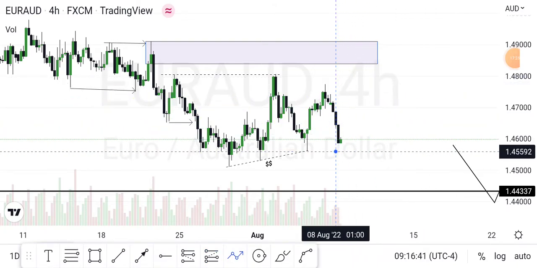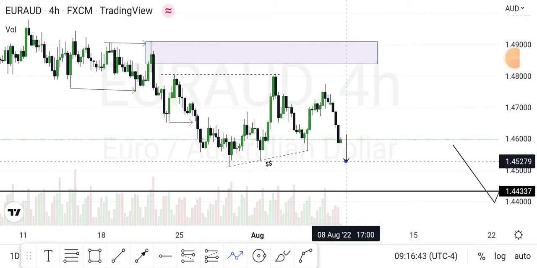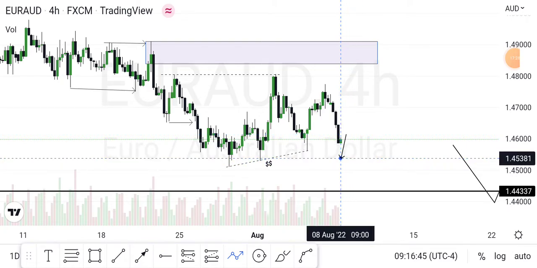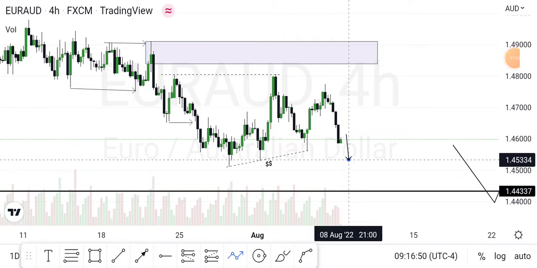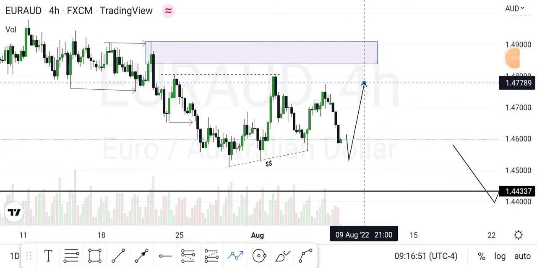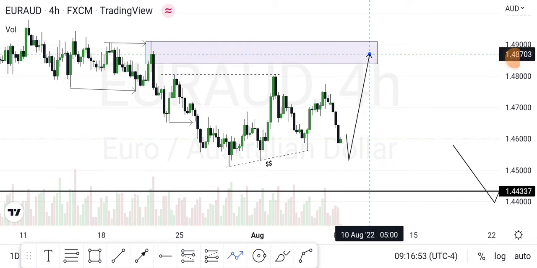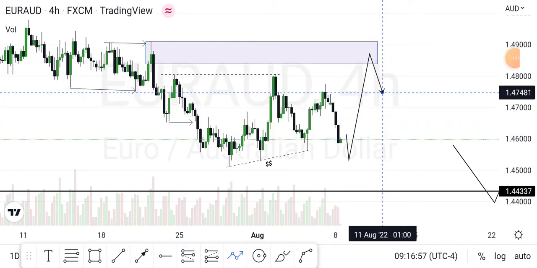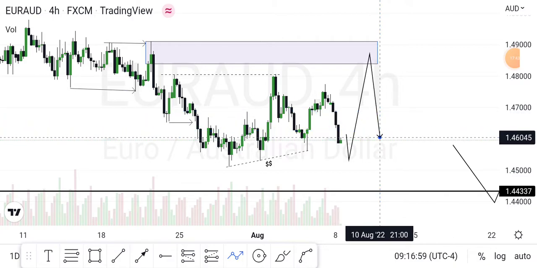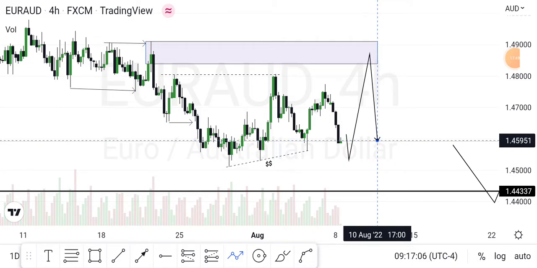So price might just come from this point a little bit, tap into this liquidity. It may not grab all of this liquidity, but it might just tap into it, cause this break of structure to this POI, and this is what other people will be thinking. Some traders who are new to SMC will think this is how the market makers create inducement.